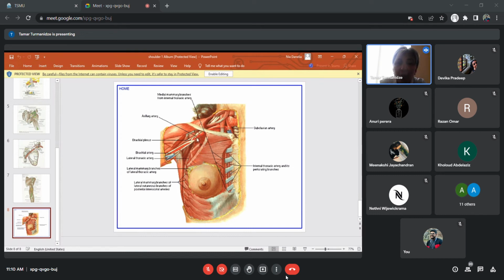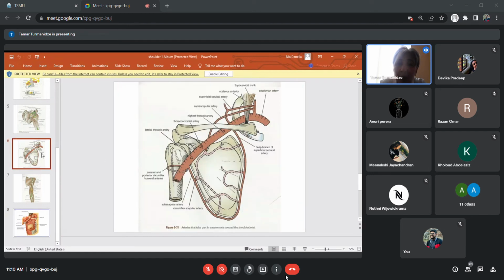The second part is located in the pectoral triangle, and the third part is located in the subpectoral triangle. Each part gives off branches. The first part gives off the superior thoracic artery and the thoracoacromial artery.